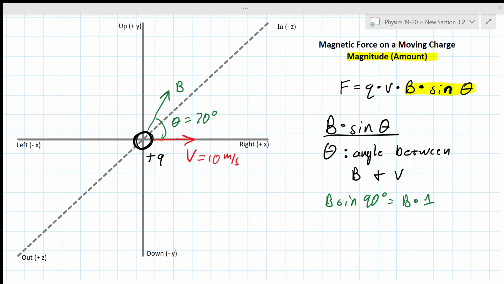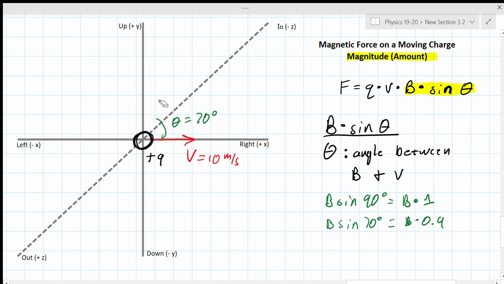Let's calculate that real quick. Sine of 70 degrees will be roughly 0.9, so B times 0.9. So there, only 90% of the magnetic field exerts a force on the charge.